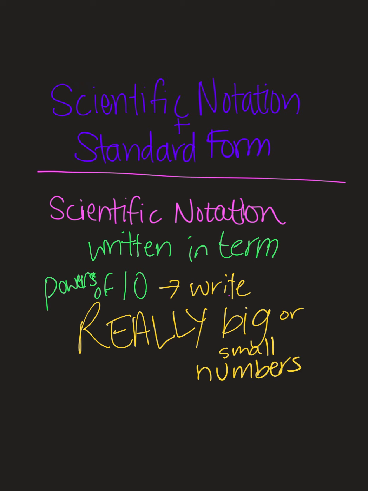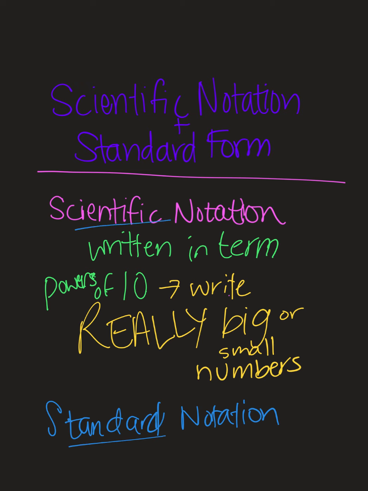The numbers we typically use, counting numbers, rational numbers in general, are called standard form or standard notation for the purposes of this lesson. So you'll either be asked to write in scientific notation or standard notation. Scientific notation is for really big or really small numbers, because we often deal with really large numbers or really small numbers when working in science in particular.